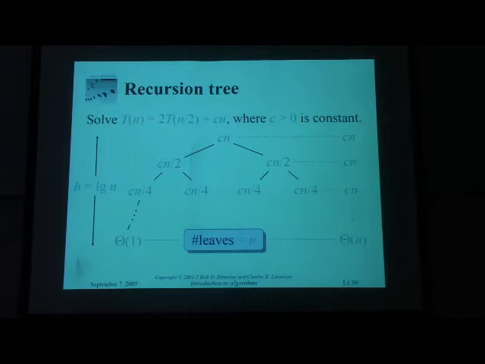We don't have to have the C. C could be 1. If C is 1, which is possible, then everything is just n, and theta n is still good. So we have n plus n plus n plus n plus n. How many times do we have n? The number of times we have n is log n. So we have n log n, that is our complexity from the recursion tree. So you can say the total is theta of n log n. The C disappears because it's just a constant.